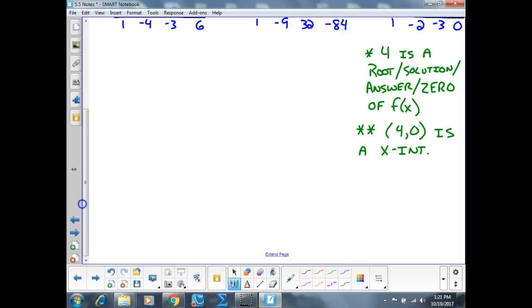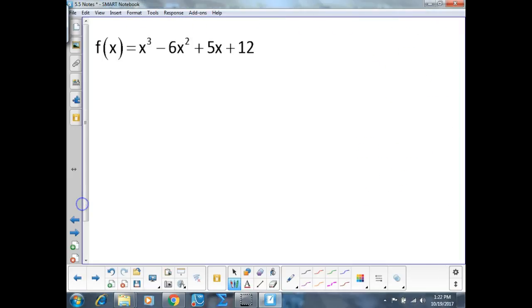Most importantly, what it tells me is that x minus 4 is a factor of f of x. That's the most important thing that it tells me, that it's a factor of f of x.